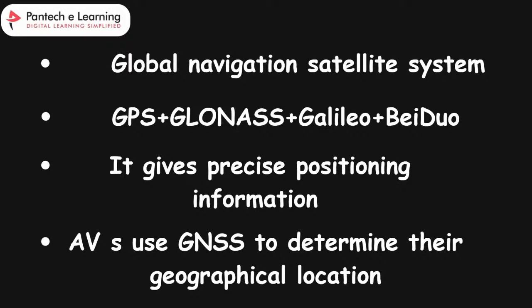Next are GLONASS, Galileo and BeiDou. These are other satellite systems that work along with GPS to improve accuracy and coverage. They are like backup systems that make sure you always have a clear signal no matter where you are on Earth. GNSS provides very accurate location data, down to a few meters.